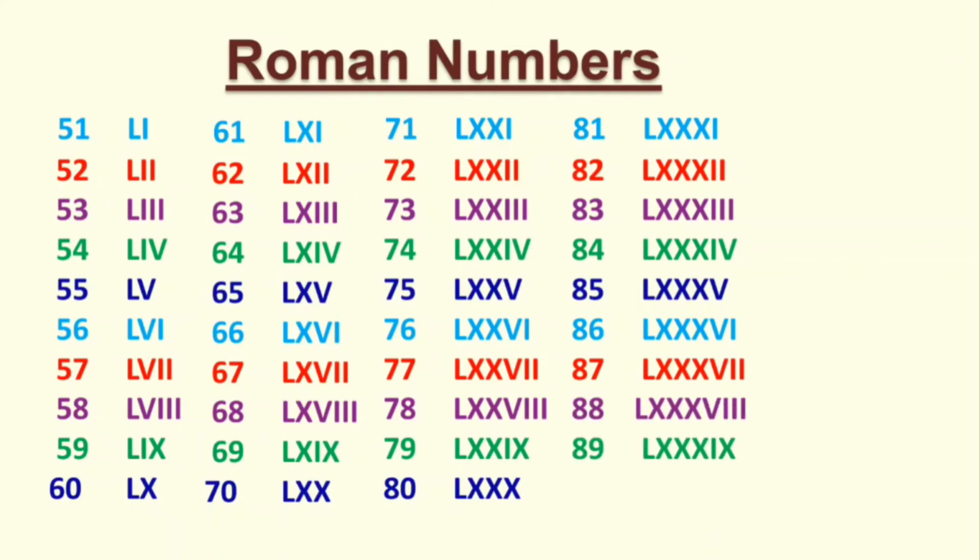Now we can't write 90 as L and 4 times X. So 100 is represented by C. So 90 is represented as XC. 100 minus 10 gives 90.